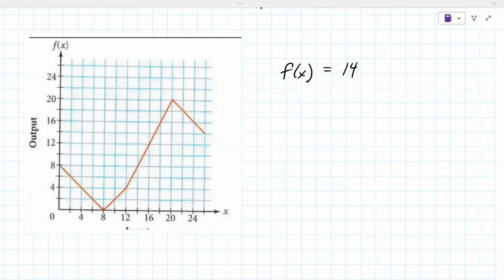I know this is tough because you don't have it in front of you, but if you were to draw a line at 14 across here, yeah, 17 for sure. Anywhere else? And 0. There's no intersection at 0. Where else does it hit the curve? And then 26. Yeah, 26.